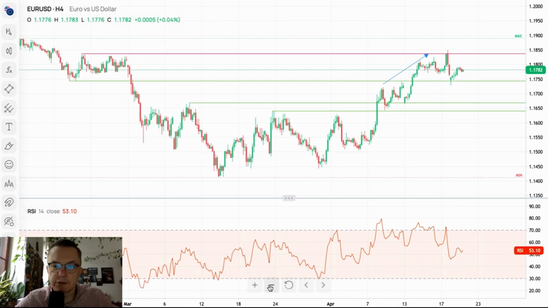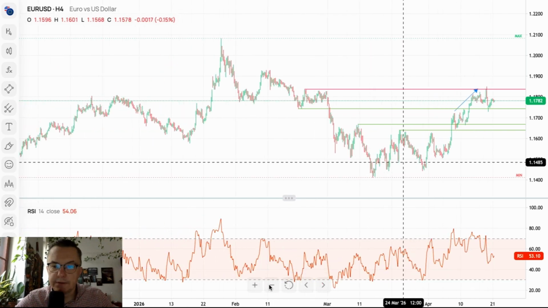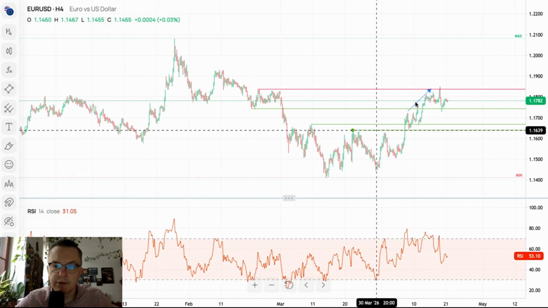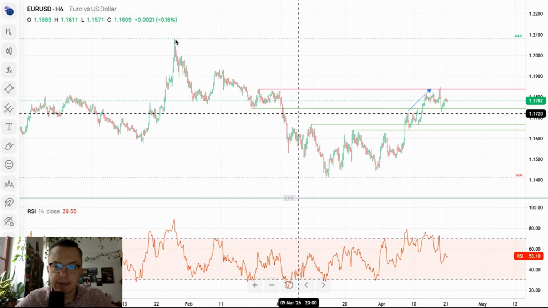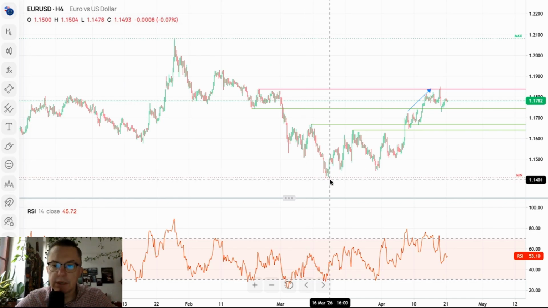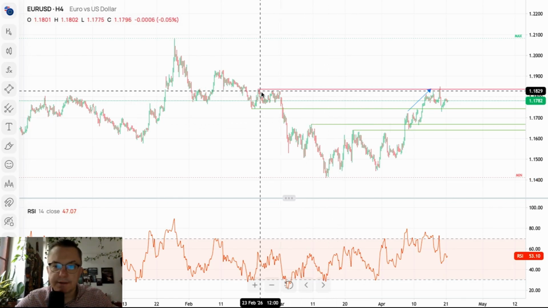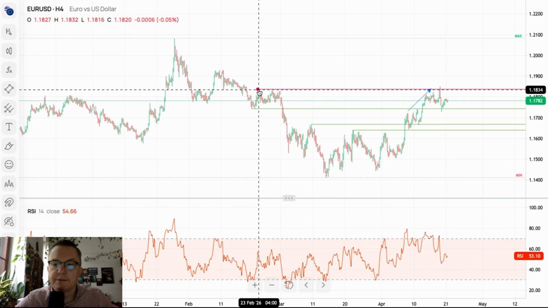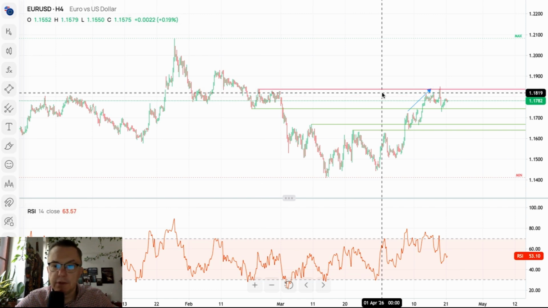So overall structure here, as you can see, looks quite bullish. We retraced more than 61% of the last swing down. Nevertheless, there is still very important technical resistance that is waiting to be violated: 1.1832.